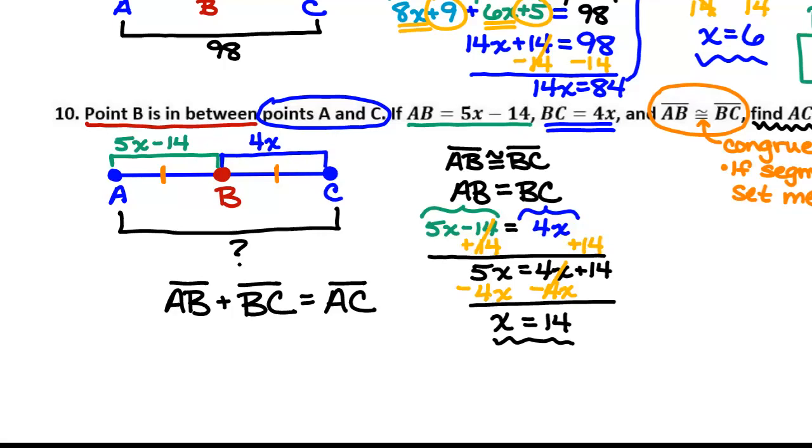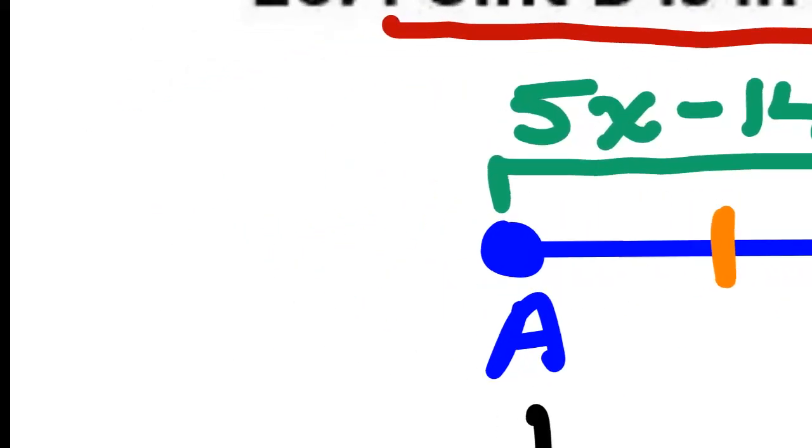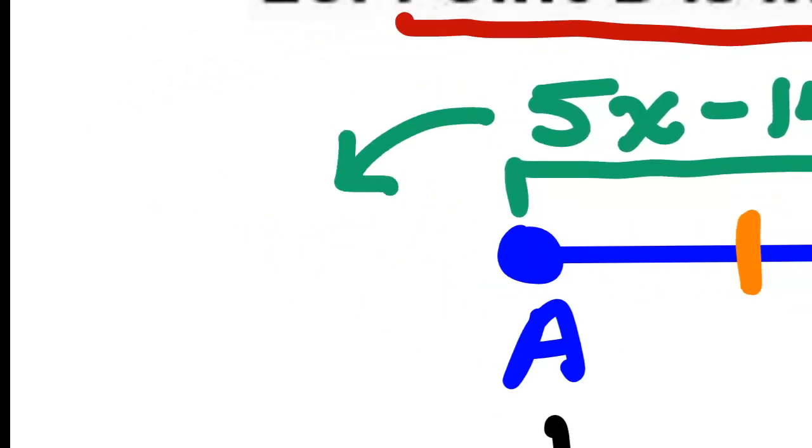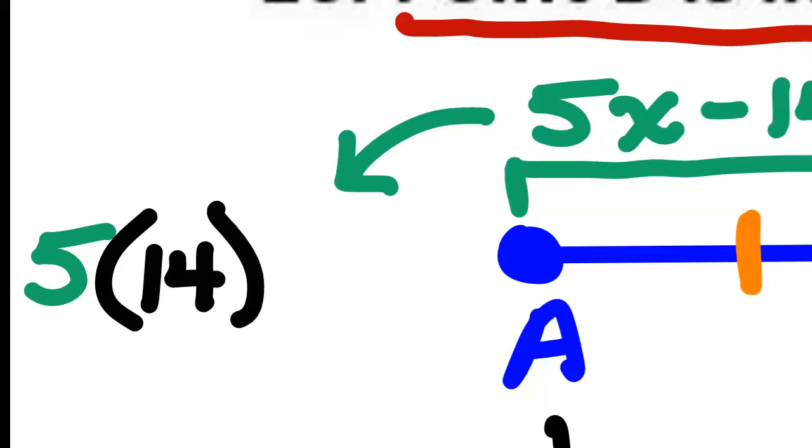Now I need to use that to figure out how big AB and BC are. AB, 5x, so 5 times 14 minus 14. What is 5 times 14?